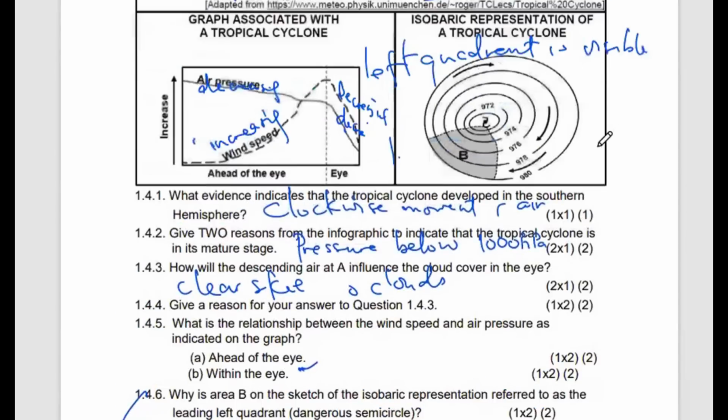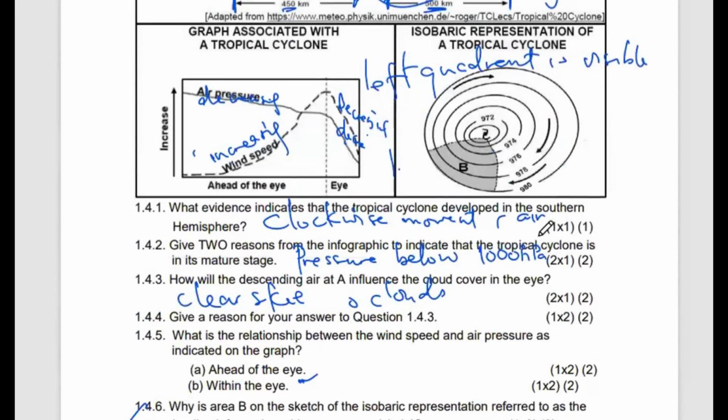If we try to check, there is a combined effect in this dangerous quadrant. We are seeing that the weather system is circulating in this direction. And because of that circulation, we also have the effect of Coriolis. The Coriolis effect, we understand, causes winds to deflect to the left in the southern hemisphere and to the right in the northern hemisphere.